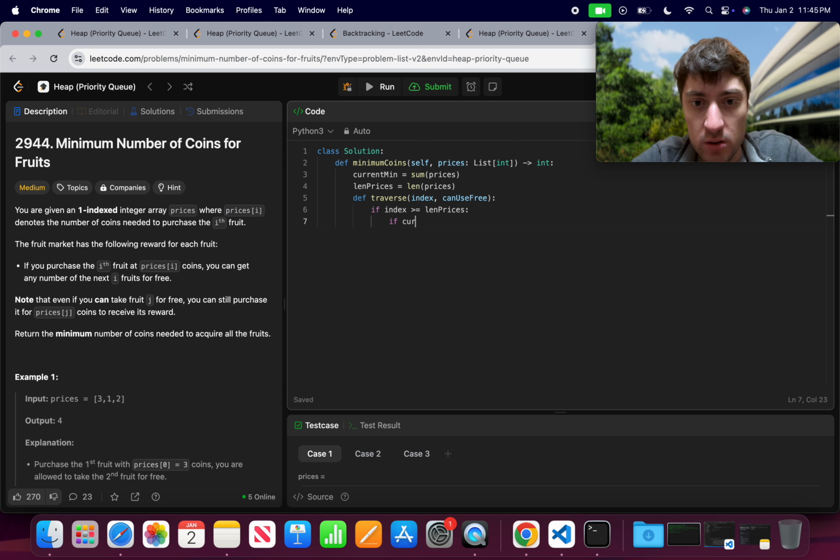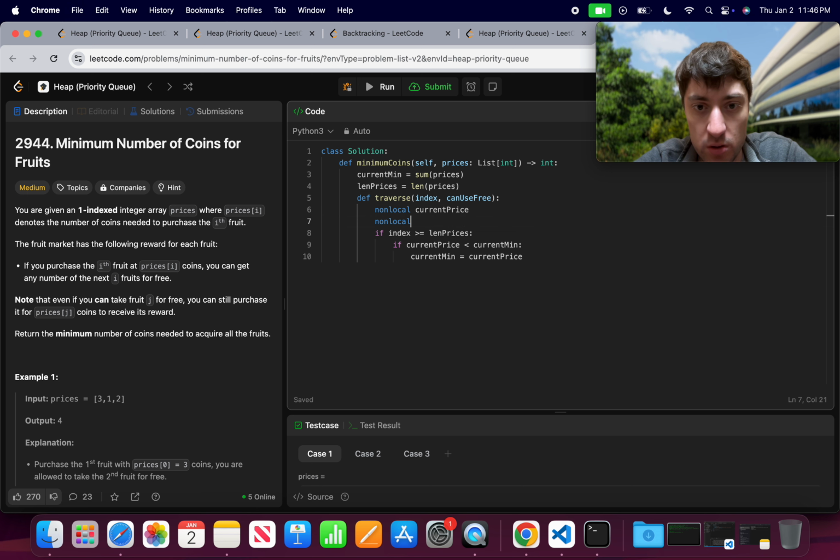Now what I can do is check: if current price is smaller than current minimum, then current min equals current price. And because I'm using this and this variable, I need to make both of them nonlocal: nonlocal current price, nonlocal current min.